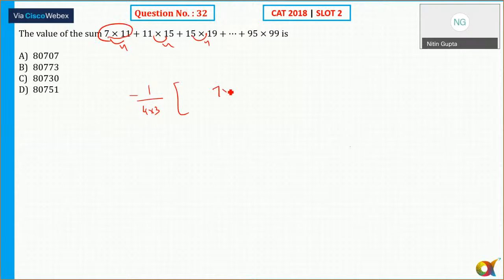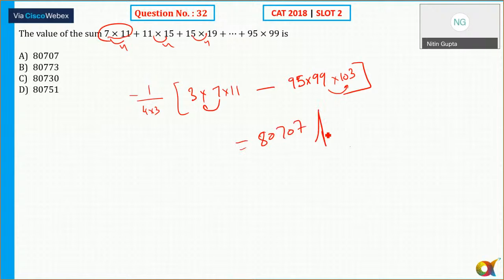First term is 7 into 11. Last term is 95 into 99. And there is a gap of 4, so 7 minus 4, multiply with 3, and in the last term 99 plus 4, and this is the answer. That's it. Solve this, you'll get the answer as 80707. So you should attack this type of question.